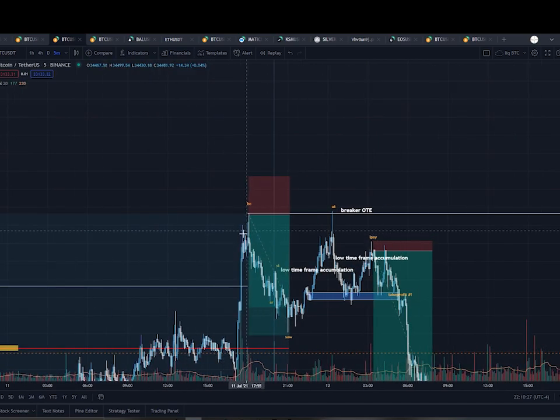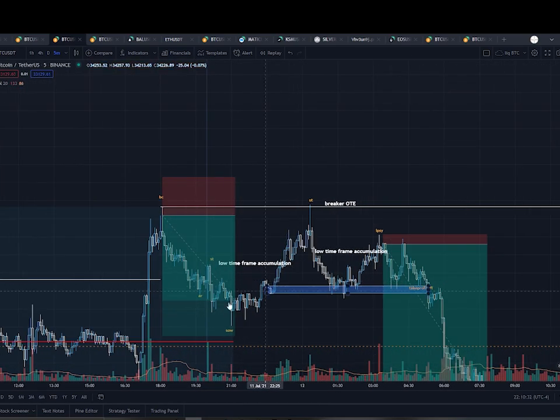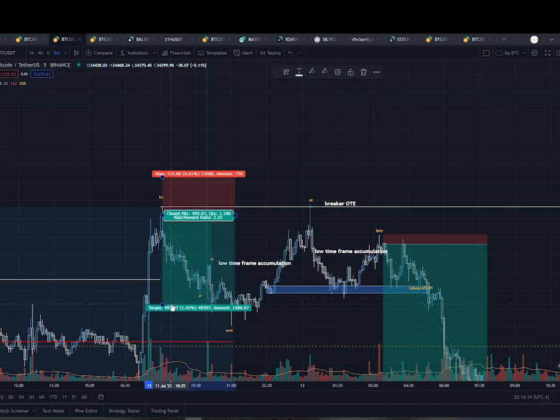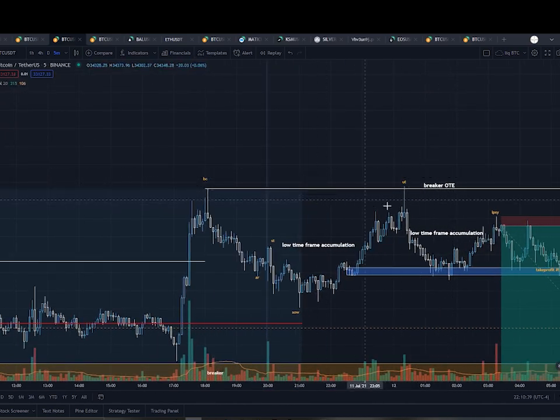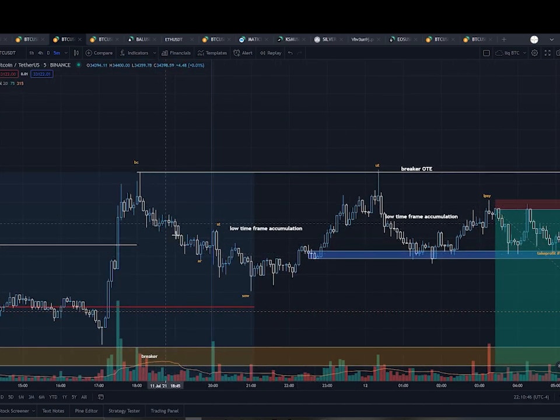So once we tested it, I think I entered here, or maybe here, and pretty much just rode the wave down, filling out this imbalance, and caught a nice R trade. But sniping entries based on breaker blocks is going to come in the next video. So first, we're just going to talk about why this is accumulation.